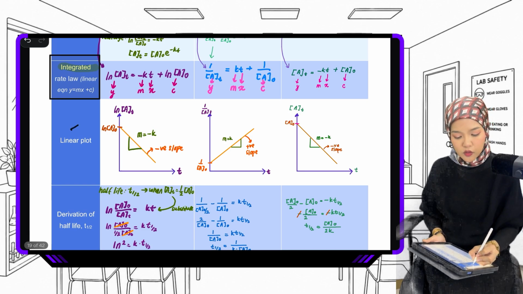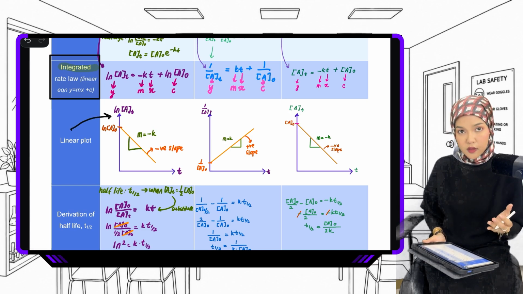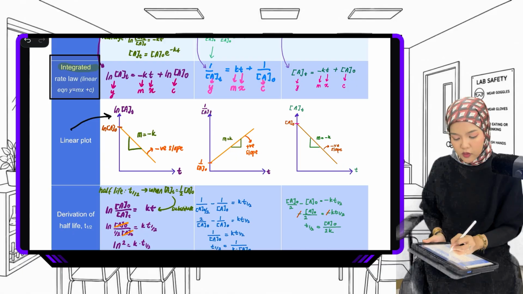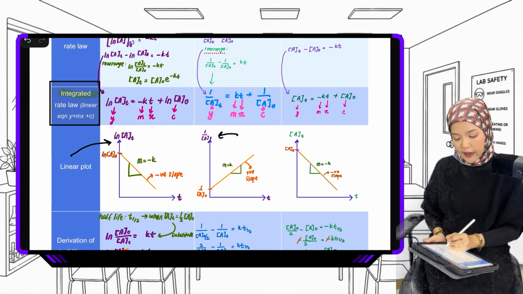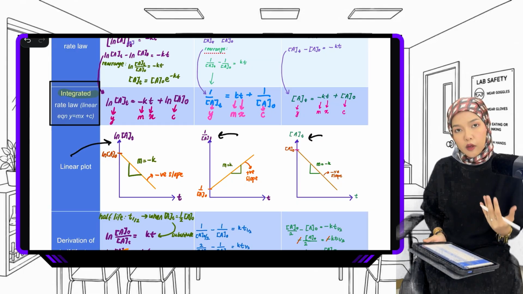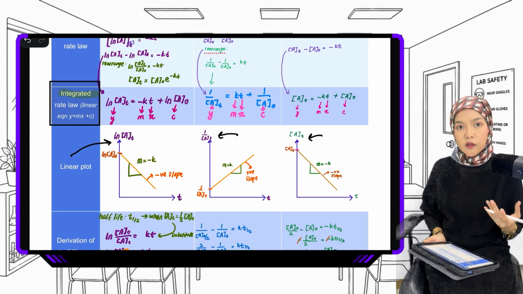So this is going to be the linear plot. This is also the linear plot for second order, and this is the linear plot for the zero order reactions.